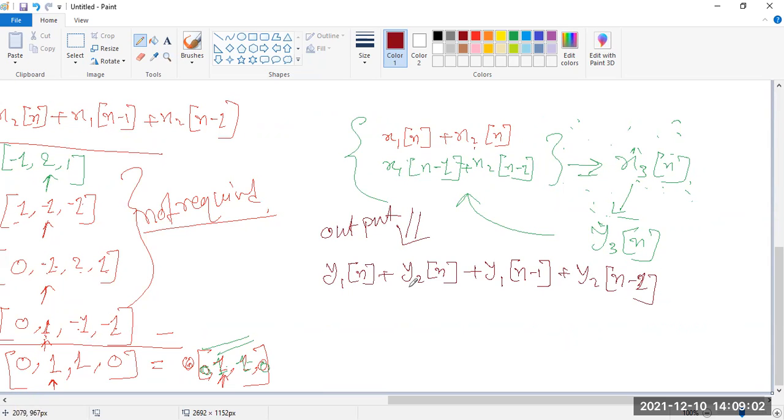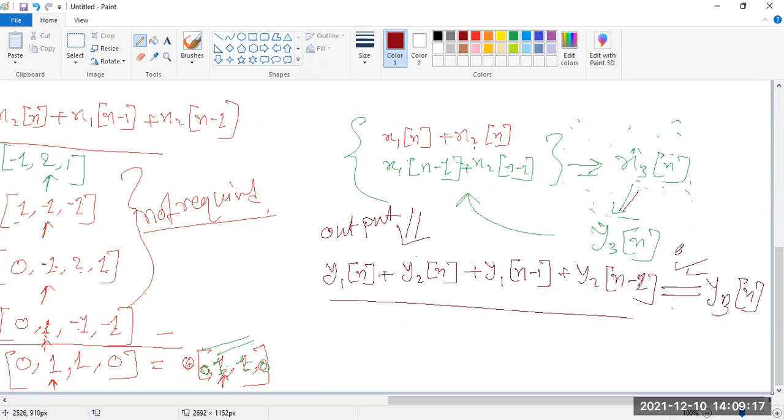So if the value of this is equal to y3 of n, because I got this output and this output also, then it is an LTI system.